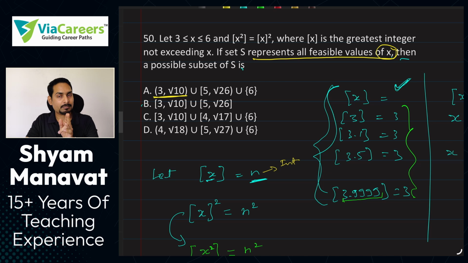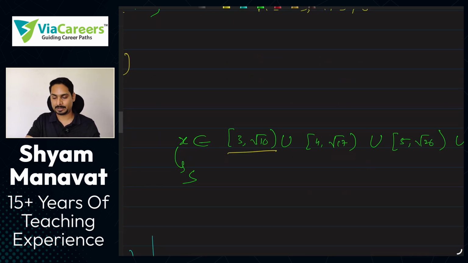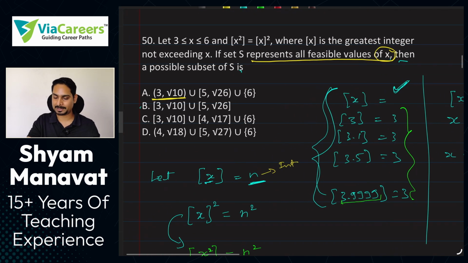It is a value which is a little more than 3 but less than root 10. So this is possible to be a subset, because we have 3 to root 10. Even the values not including 3 up to root 10 are also part of this set. So this is also a subset. The question asked for the possible subset. So this part is fine. 5 to root 26 we have seen and 6 also we have seen. So this is working.